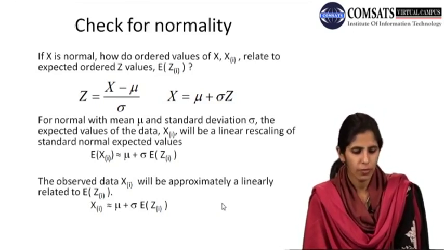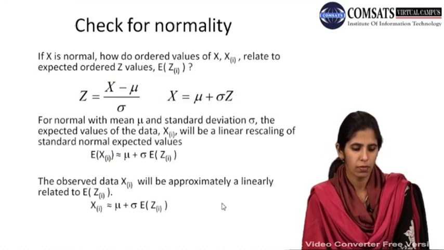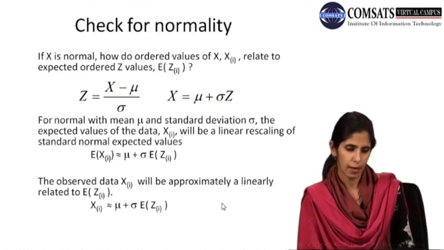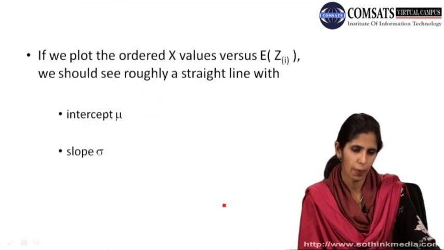So the observed data xi will be approximately linearly related to expected z iota, where x iota is approximately equivalent to mu plus sigma E of zi. That is a true representation of the check for normality.